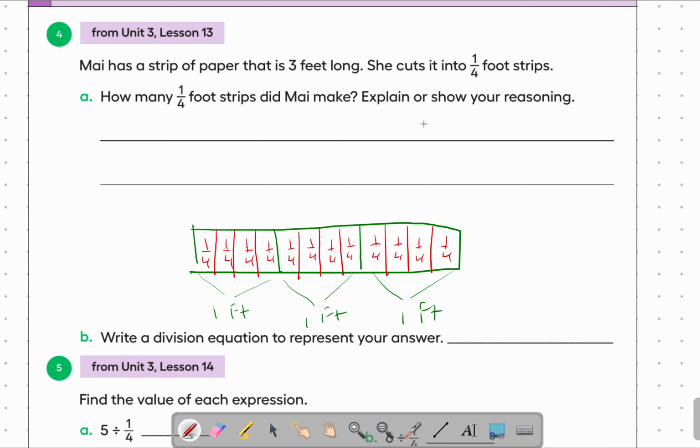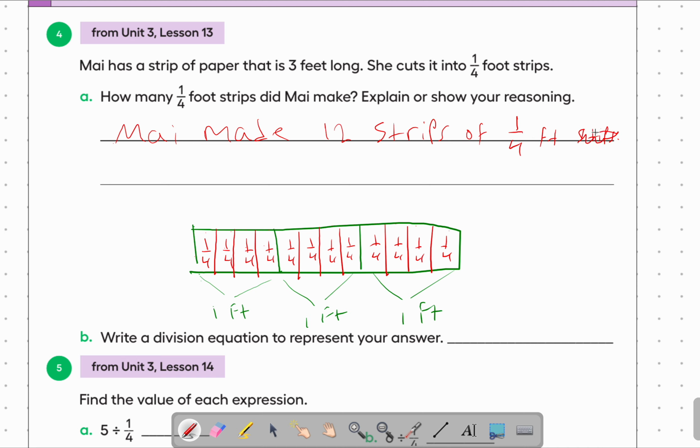Okay, so we can say that Mai made 12 strips of 1/4 foot strips. Okay, so Mai made 12 strips of 1/4 foot.